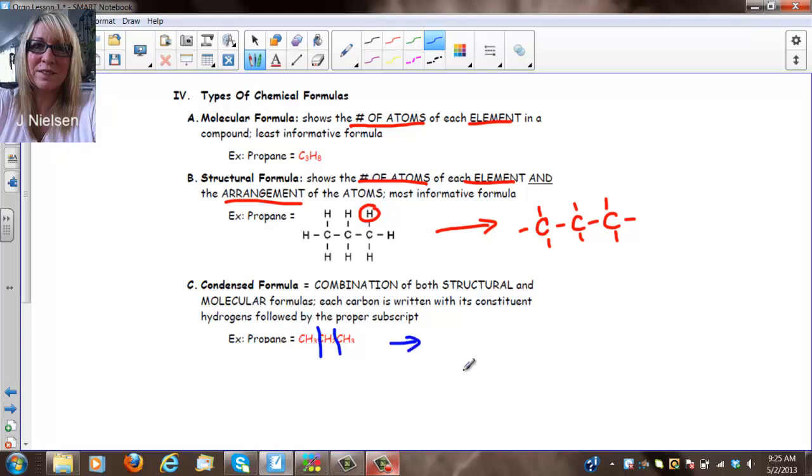So I have CH3, so there's my C and there's my 3 H's. Now I have CH2, so I draw a CH2. And then my last C with 3 H's. So all I did was draw a line between the C's and I drew it step by step. Not so bad.